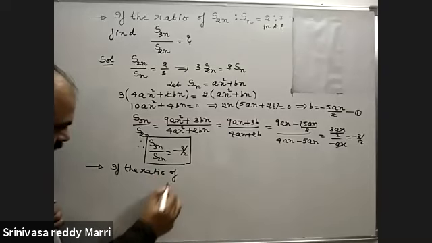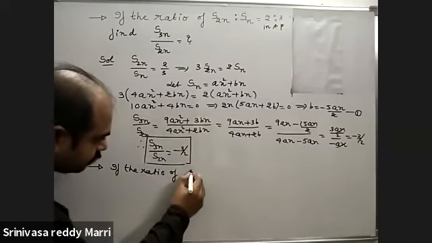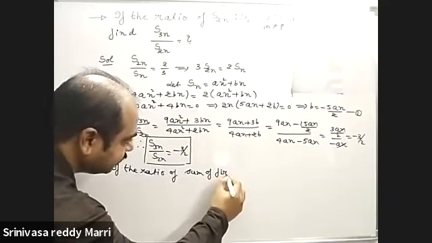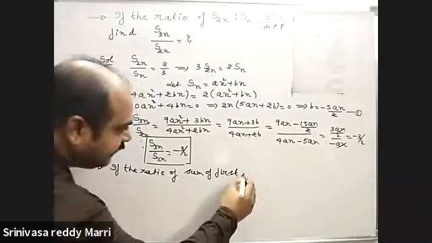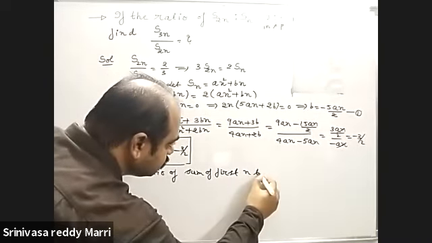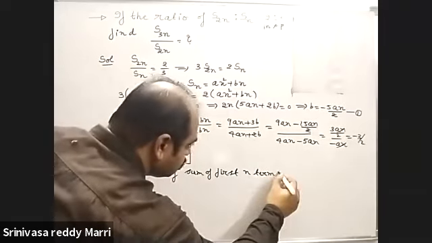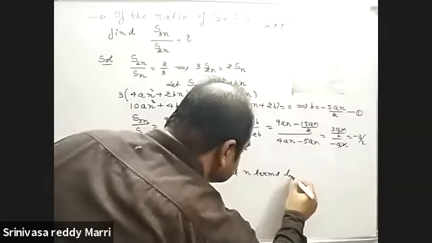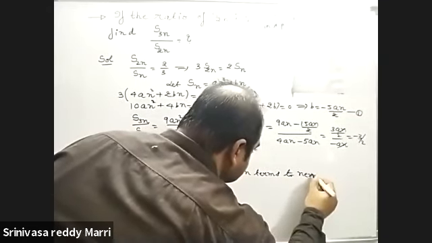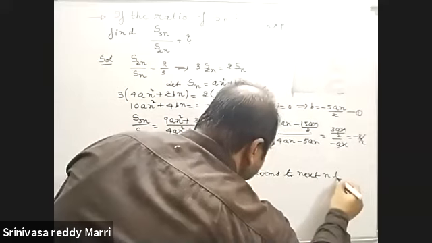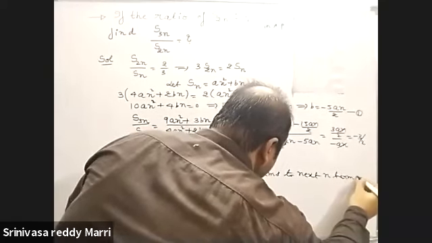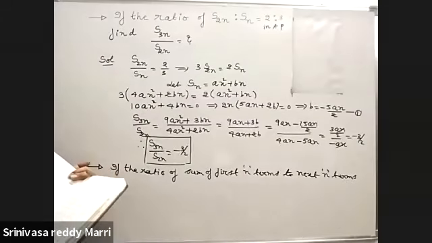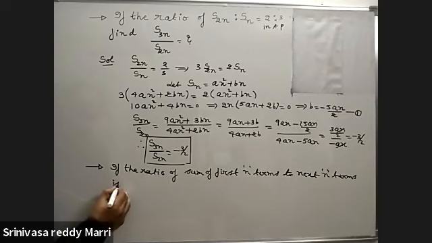The ratio of the sum of first n terms to the next n terms is 3:4.